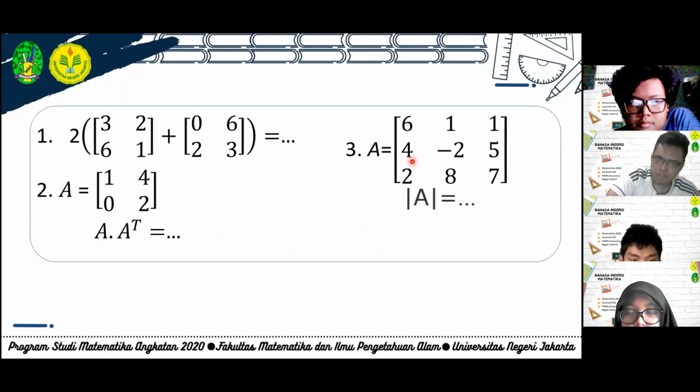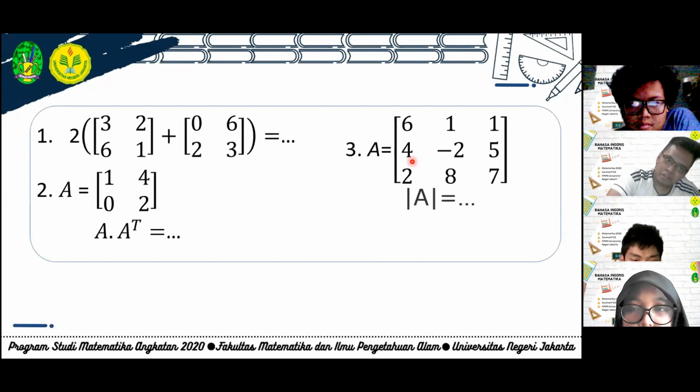May I try? Yes, please. For number one, the answer is: the first row is 6 and 16, the second row is 16 and 8.